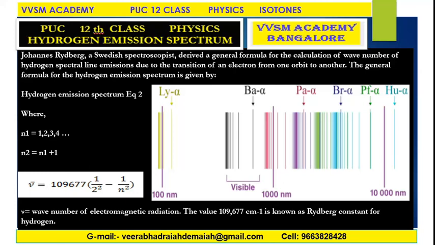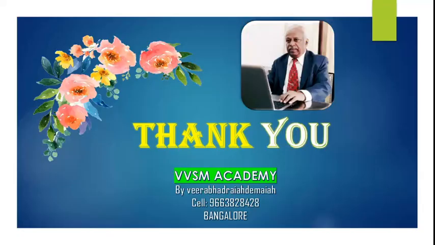The general formula for the hydrogen emission spectrum is nu equal to 109677 multiplied by 1 by 2 square minus 1 by n square, where R is the Rydberg constant. This is the spectrum of the Lyman, Balmer, Paschen and Pfund series respectively, my dear friends.